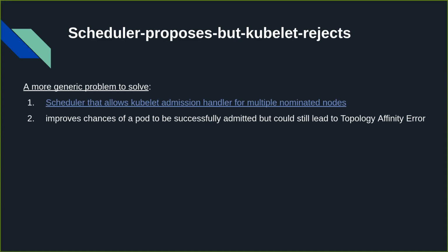Yeah, and the other thing I want to add here is that if we go ahead with this proposal, it would improve the chance of a pod to be successfully placed, but there could be a scenario that topology affinity error would still occur because no node is able to fulfill that pod.